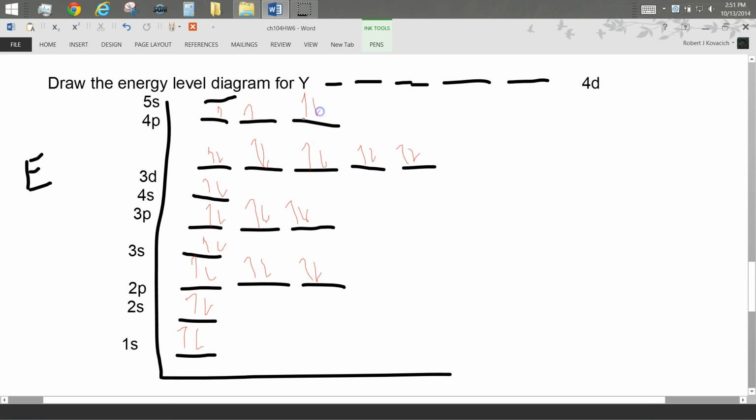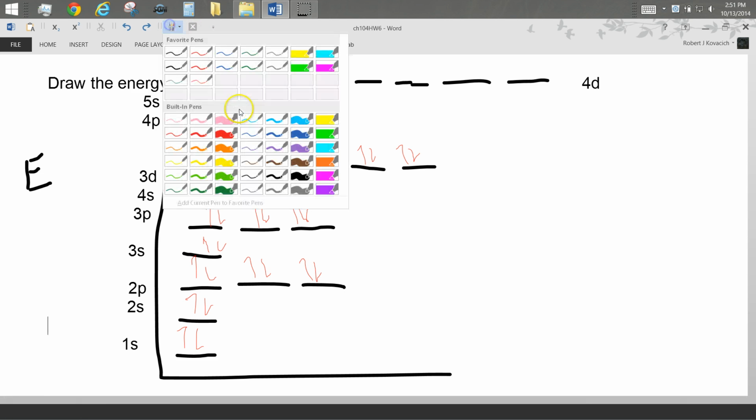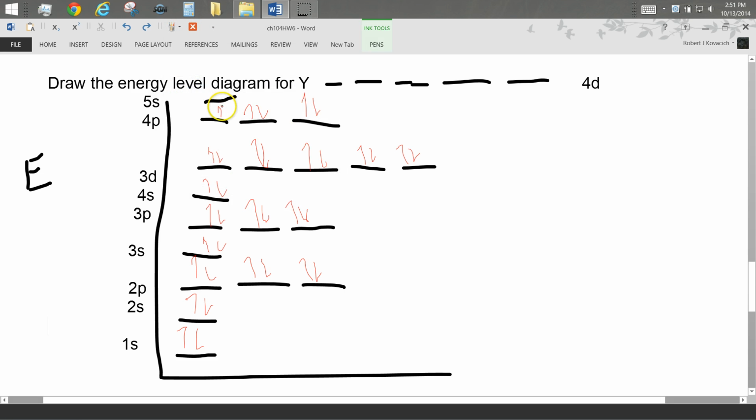This is painful. Down. Oh, gosh, this is miserable. I need to get this pen fixed. And then up and down, and then one up.